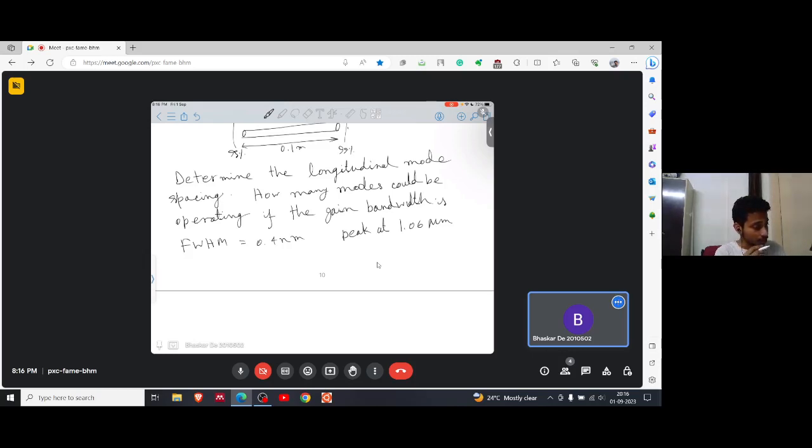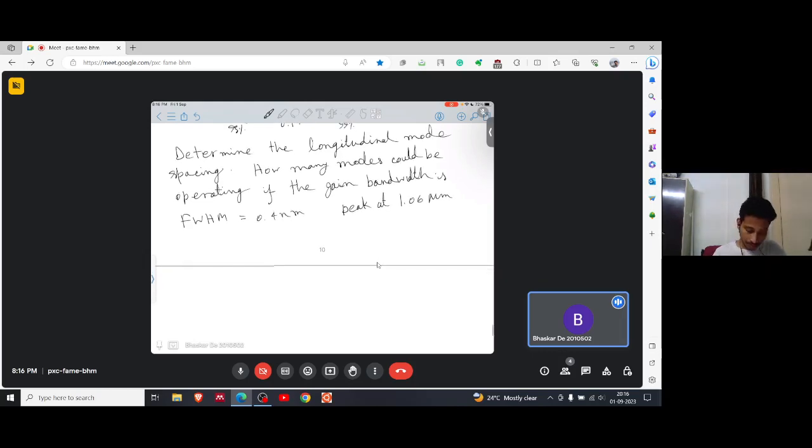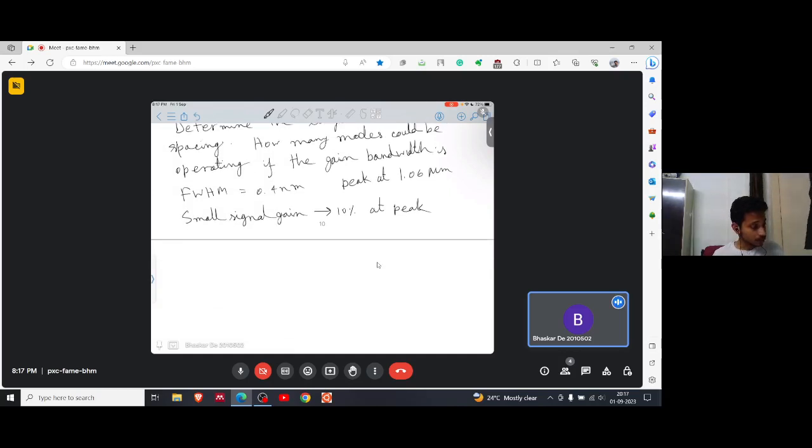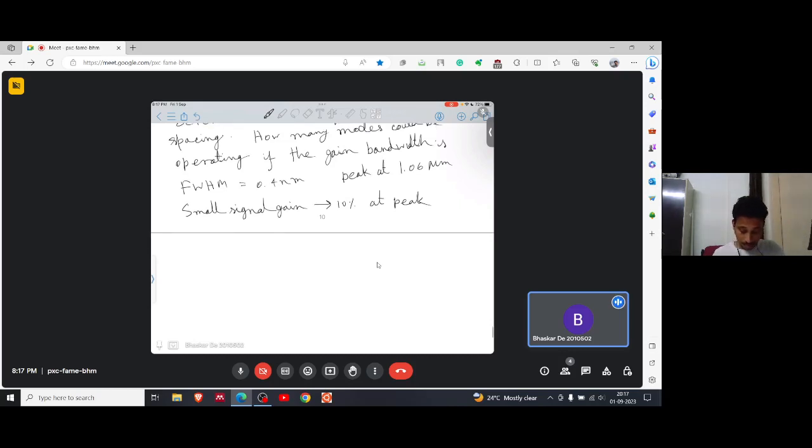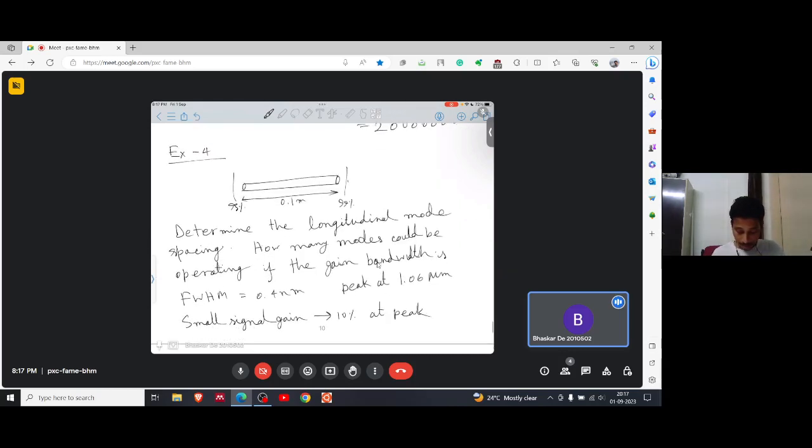Assume that the maximum small signal gain is 10% at peak, and cavity losses, which is the extra losses, I mean they are here 5% loss from transmission, here 1% loss from transmission.